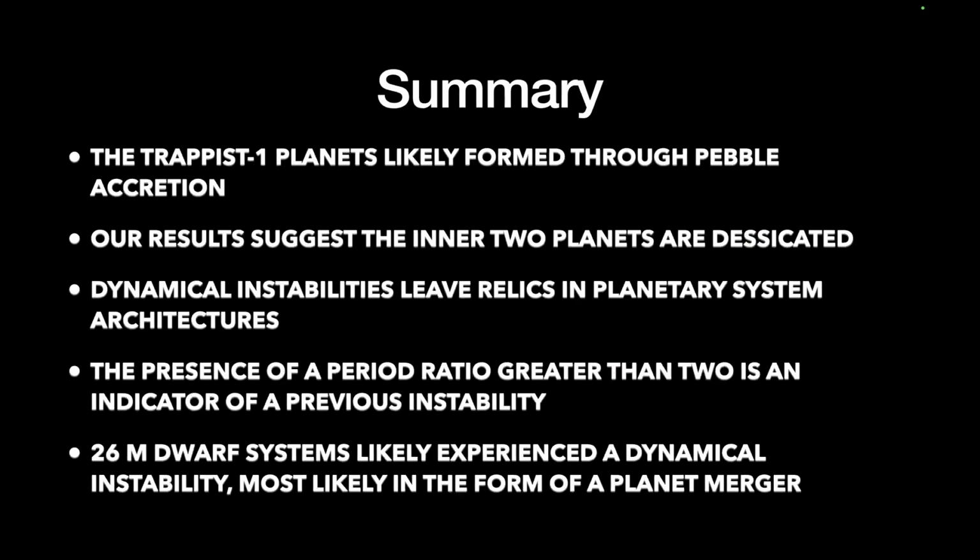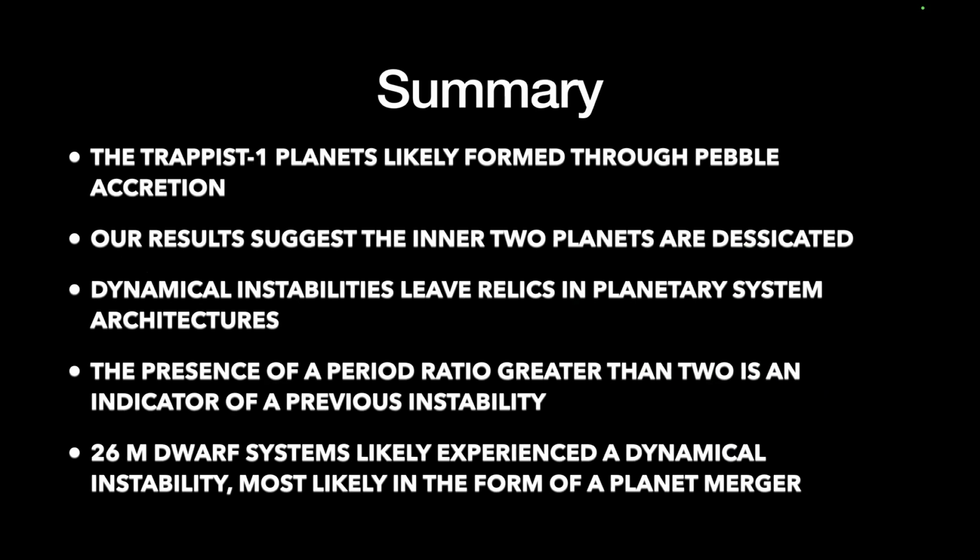And so to summarize, TRAPPIST-1 planets likely formed through pebble accretion, and our results, where we also track the bulk composition of these planets, suggest that the inner 2 planets are desiccated, which has been confirmed by James Webb.